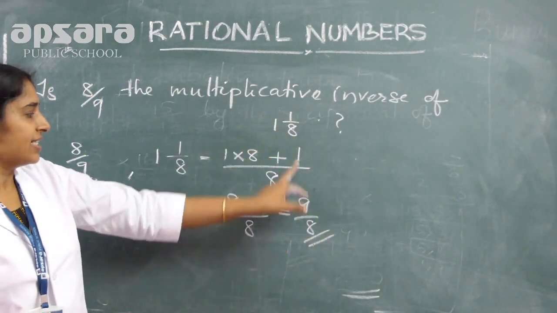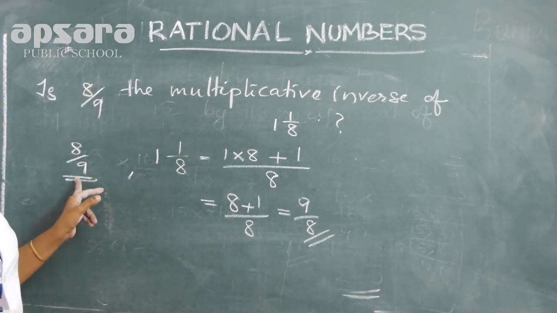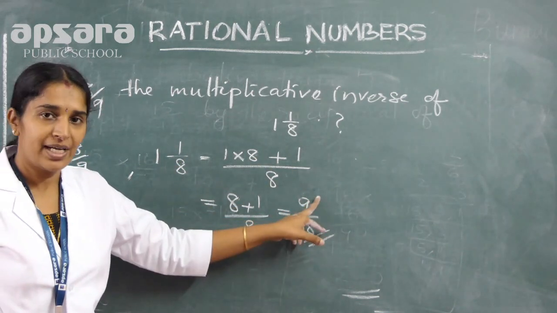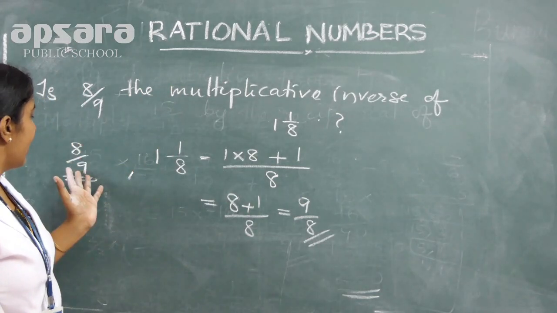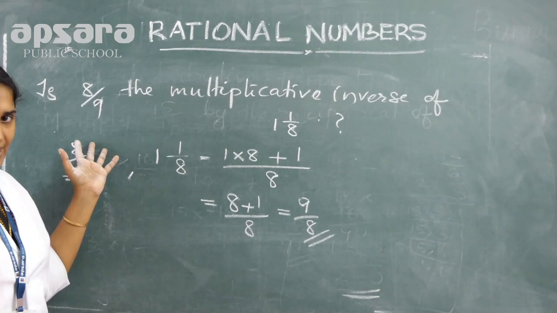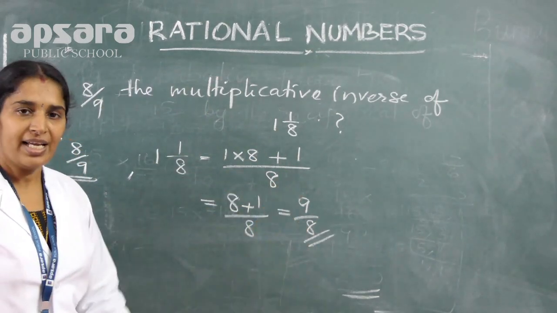So 1 by 8 is equal to 9 by 8, and here the number is 8 by 9. So whether 8 by 9 is the multiplicative inverse of 9 by 8? Yes. So you are getting 8 by 9 or 9 by 8 as the multiplicative inverse of 8 by 9, or 8 by 9 is the multiplicative inverse of 9 by 8.